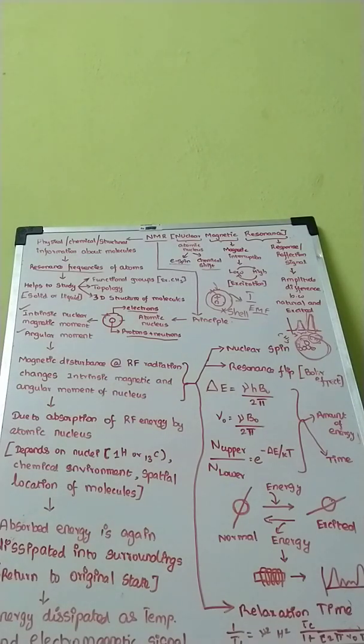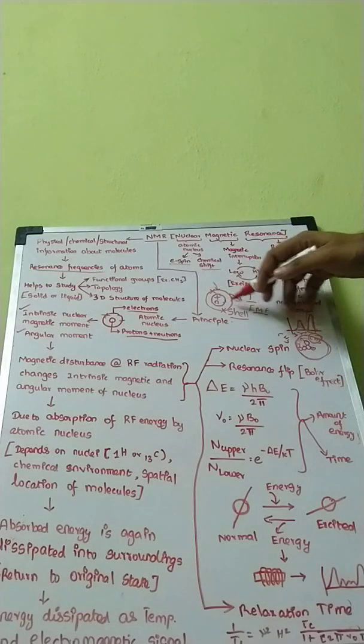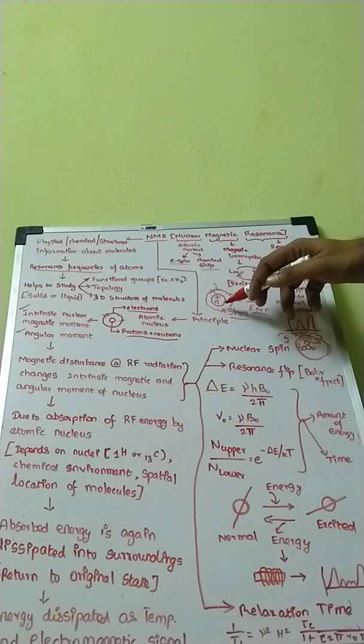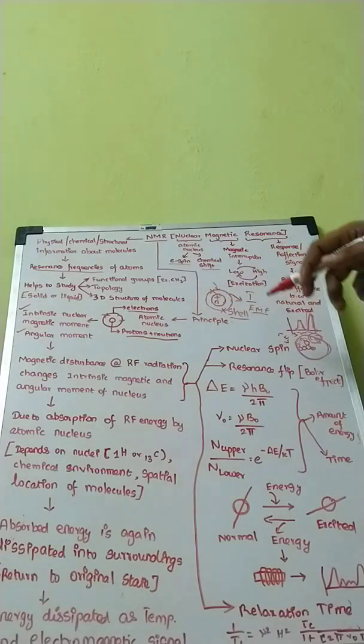So atomic nucleus, you know very well. Each and every molecule is made up of atoms. Each and every atom is made up of positively charged protons along with chargeless neutrons as well as positrons, boson particles. Around this atomic nucleus, electrons are placed like a shell, and these electrons are not static.